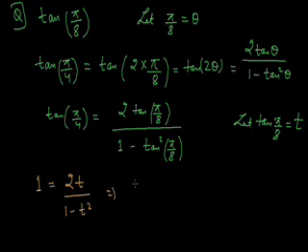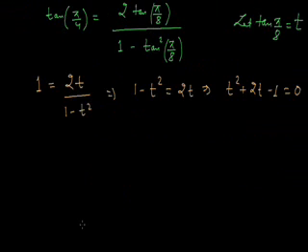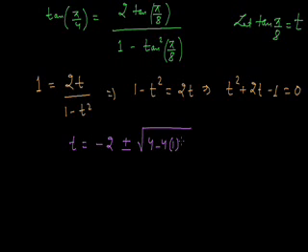After simplification, it will become 1 minus t square equal to 2t, or you can say t square plus 2t minus 1 equal to 0. Let's solve it using the quadratic formula. You will write t equal to minus b, that is minus 2, plus minus under root b square, which is 4, minus 4 into a into c, whole upon twice of a, which is 2 into 1.